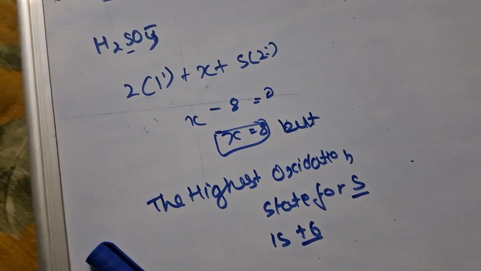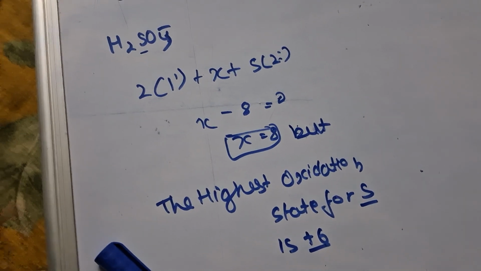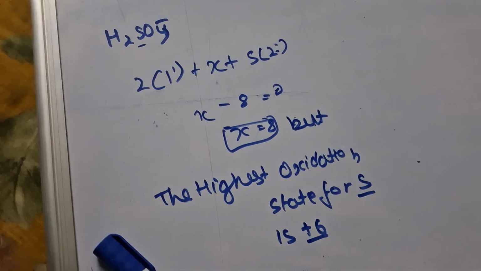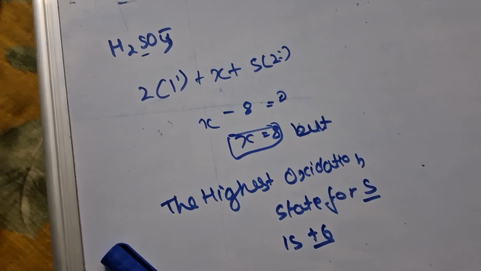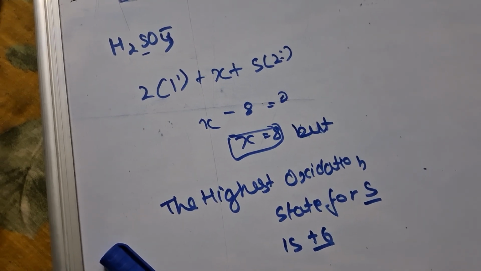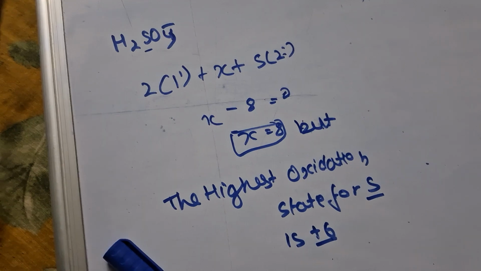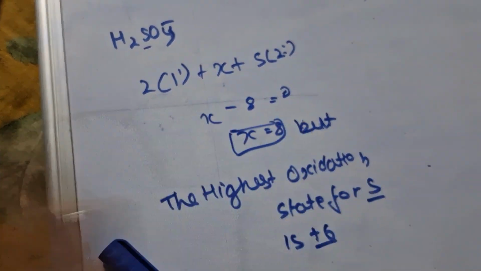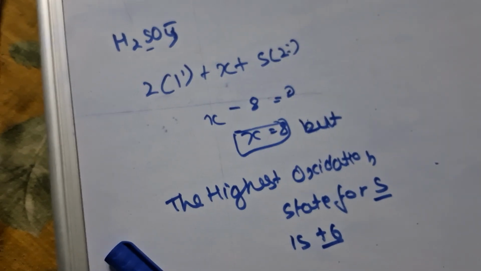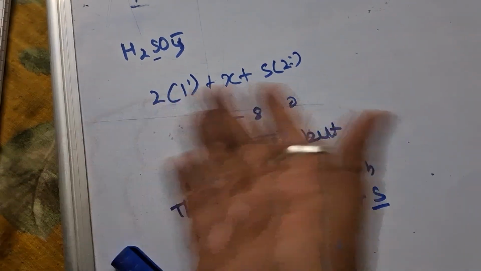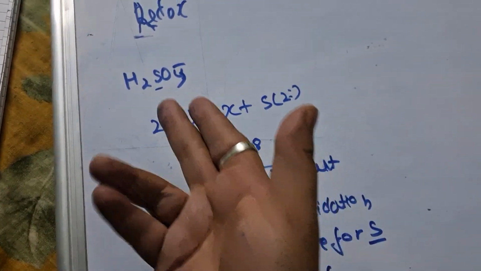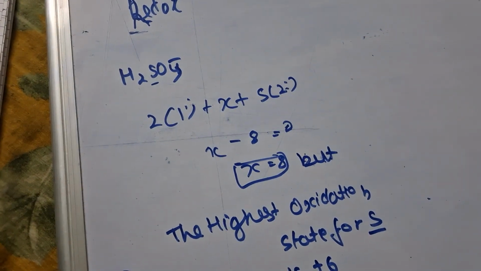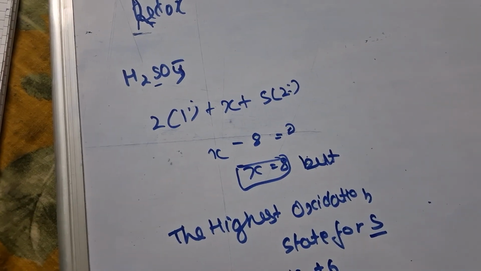What the heck? What do you mean? How is the oxidation state of sulfur greater than its maximum oxidation state? That is just not possible. So this is where the formula does not apply. And there are many other elements or compounds like this, H2SO5, where this will happen.